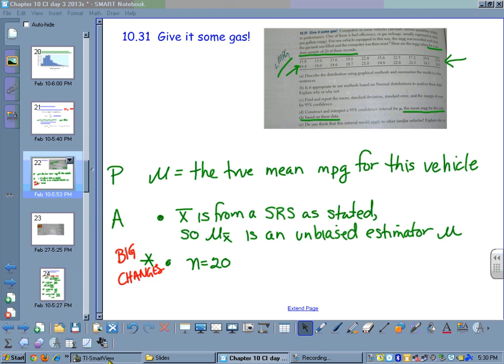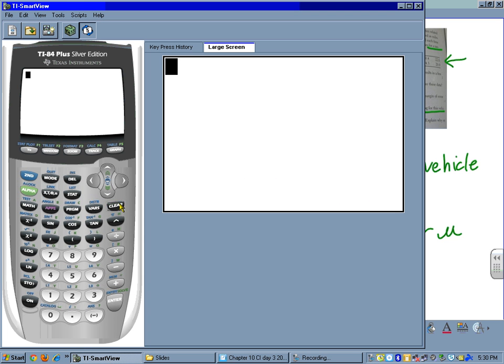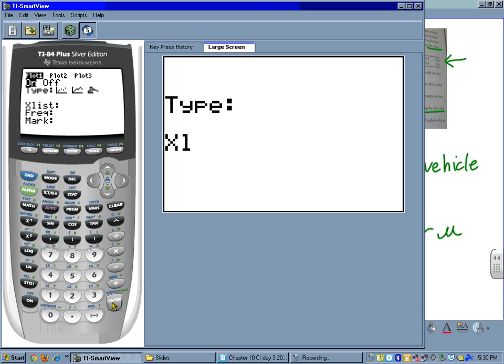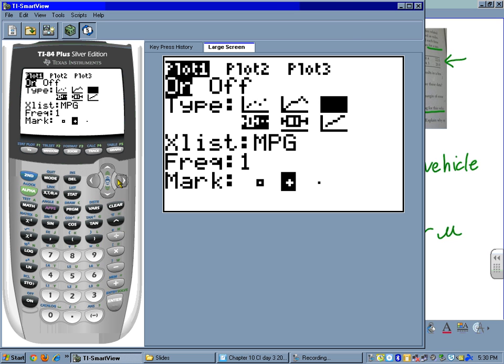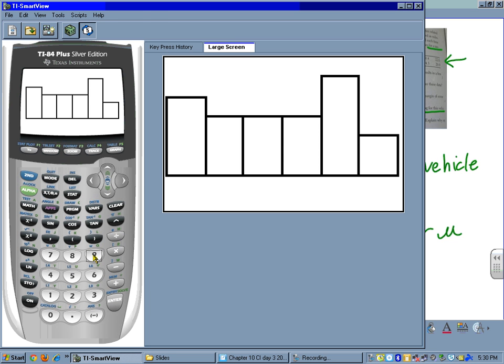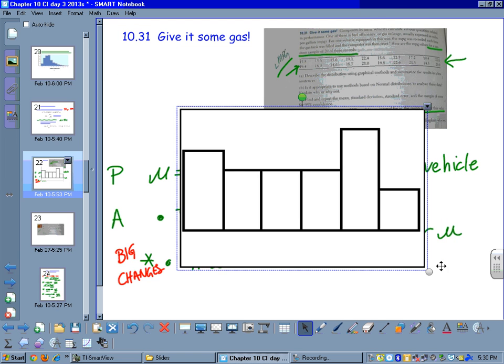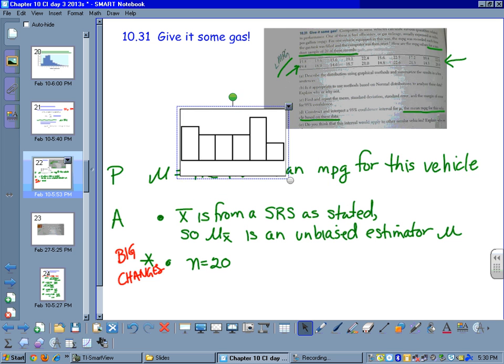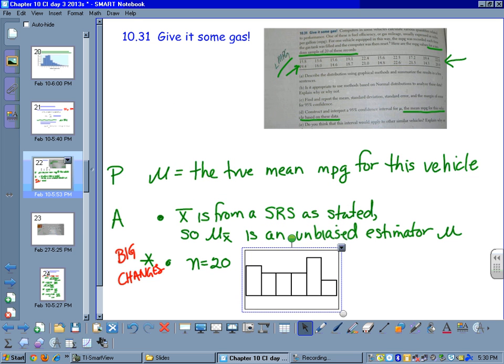So to do that, we bring up our calculator, stat plot, turn it on. First thing I'm going to do is graph the histogram, zoom 9, and we get that. Doesn't look very bell-shaped. Doesn't look very skewed either. And the beautiful part here that you will love is that you don't have to label or title anything. Just sketch a quick picture of it.